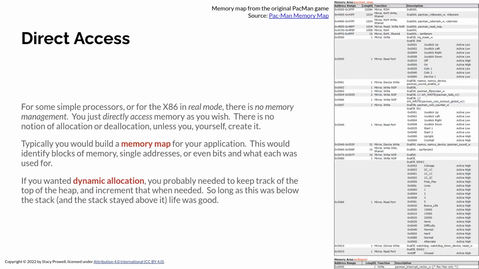There are many different ways that memory can be accessed. The most common, for very simple embedded systems and for some older machines, was just direct access. Everything in memory had an address associated with it. There's an address bus, and some of those addresses could be memory.